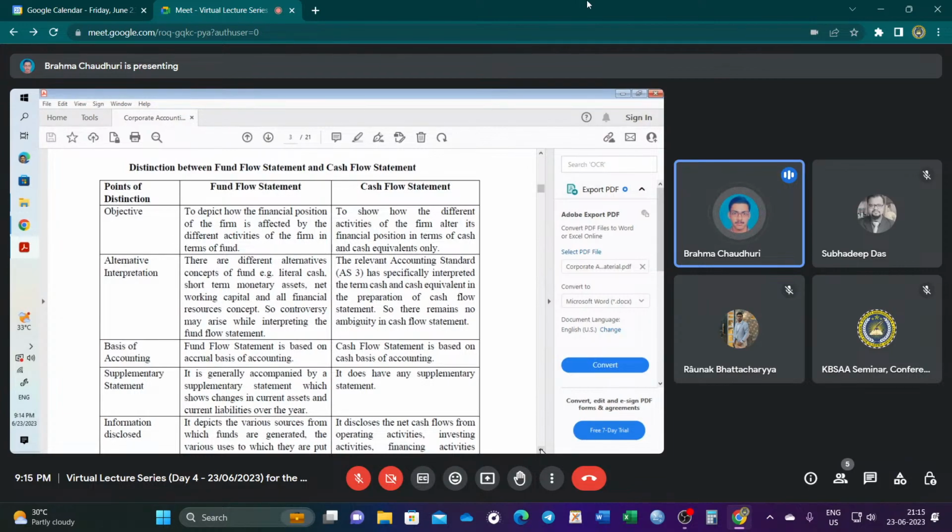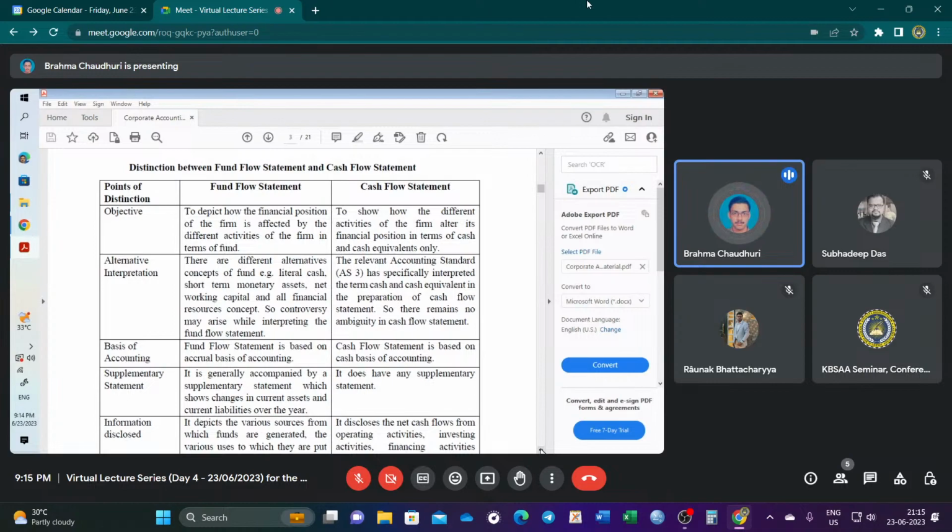The fund flow statement shows the changes in the working capital, how this fund is generated and how that fund is utilized. And the cash flow statement mainly deals with how cash inflow and cash outflow are generated from the various types of activities of a business firm.